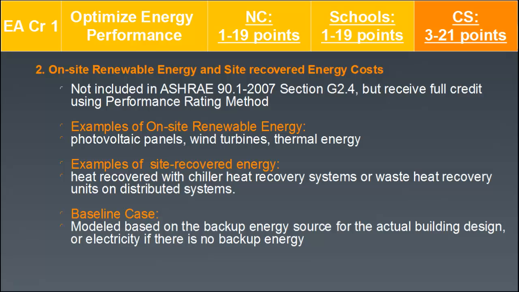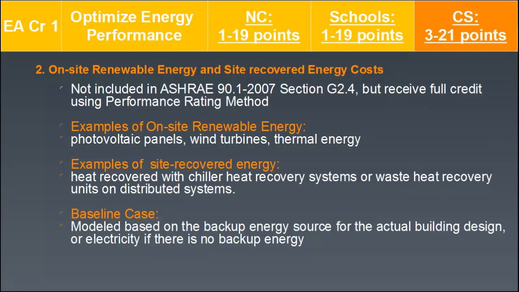Speaking of PV panels, on-site renewable energy and site recovered energy costs are not included in ASHRAE 90.1 section G2.4, but receive full credit using the performance rating method. Examples of on-site renewable energy include photovoltaic or PV panels, wind turbines, and thermal energy, if that thermal energy is actually producing power, not just passive geothermal.